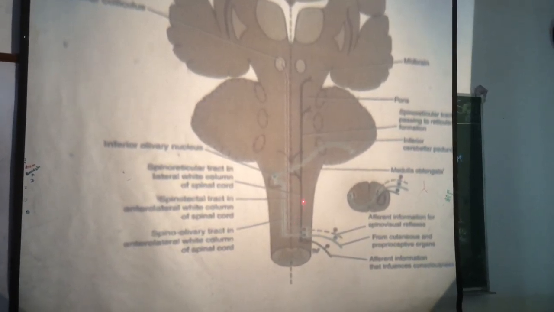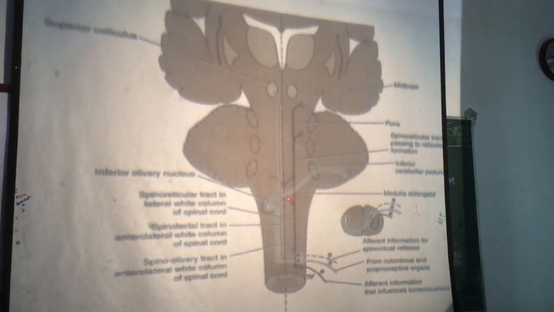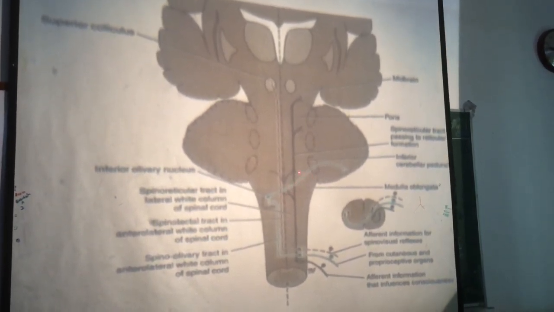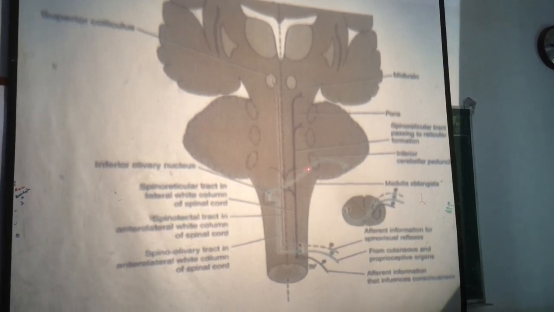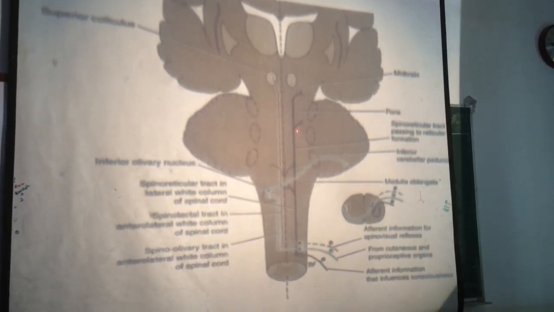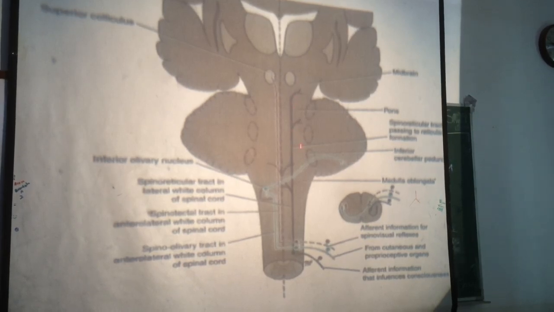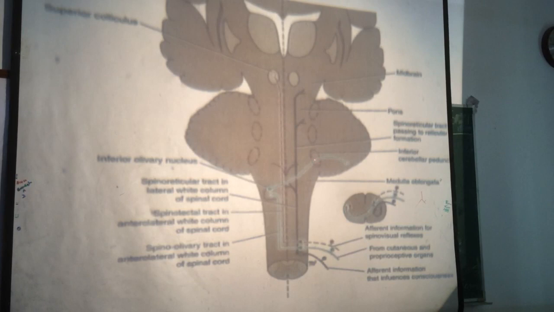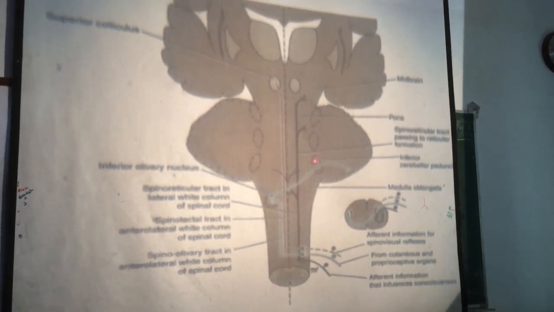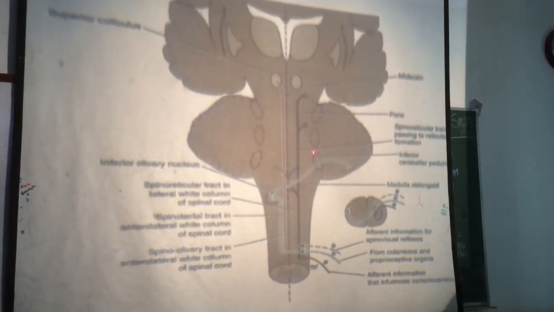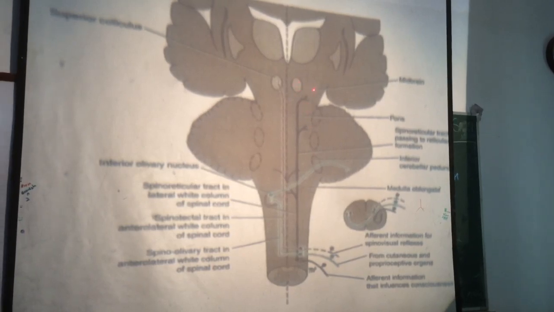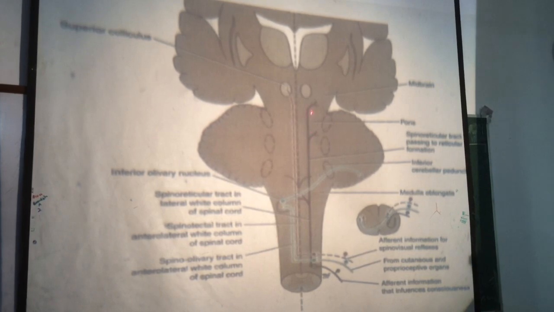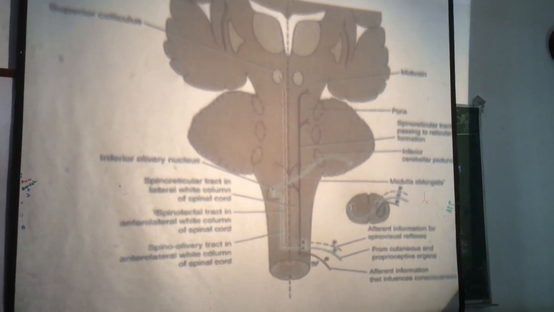The tract fibers terminate onto the neurons in the reticular formation of the medulla, pons, and midbrain. This is the spino-reticular tract.